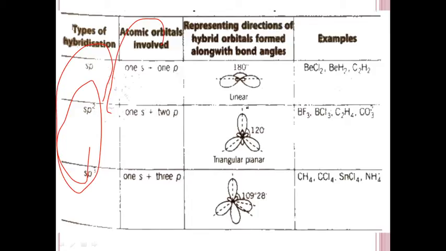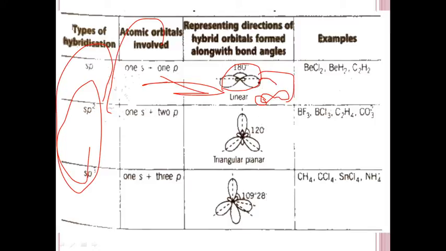That orbital will not differ in shape. That is one orbital which has one particular shape and one particular energy. That is why they are giving you the final shape of the molecule. So one S and one P are mixing up here, and you are getting an orbital like this. After one S and one P mix up like this, what is the final shape of the orbital you are getting?